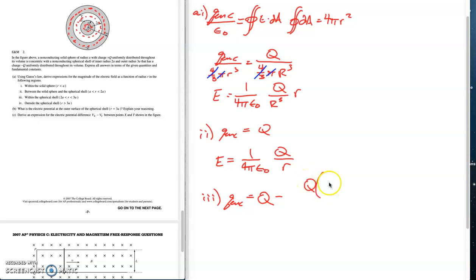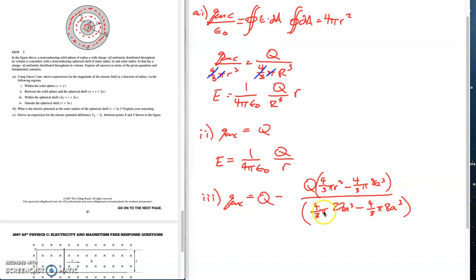Q, and then we're going to have 4/3 pi r cubed minus 4/3 pi, that's 2a, so that'll be 8a cubed, over the total volume, which is 4/3 pi, well that'll be 3a, so that'll be 27a cubed, minus 4/3 pi 8a cubed.